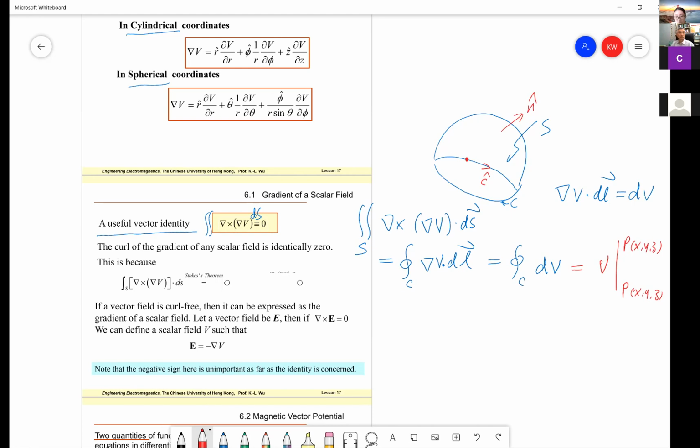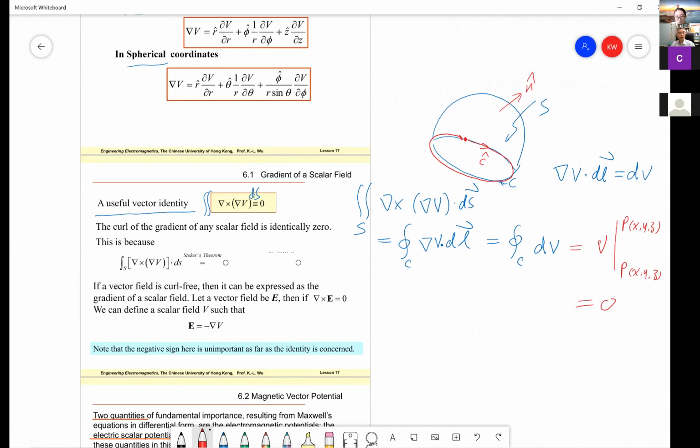The integration from one point comes back to the same point. The line integration always equals 0, right?